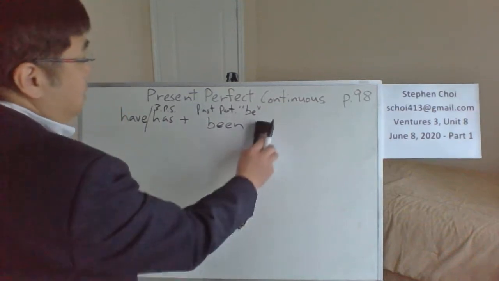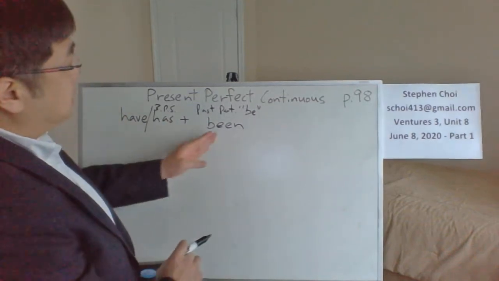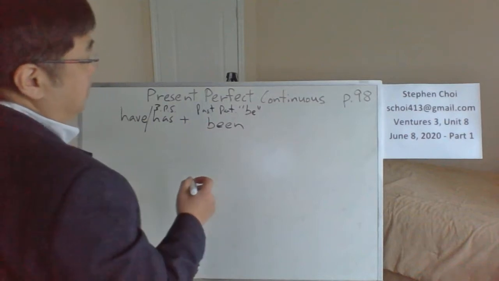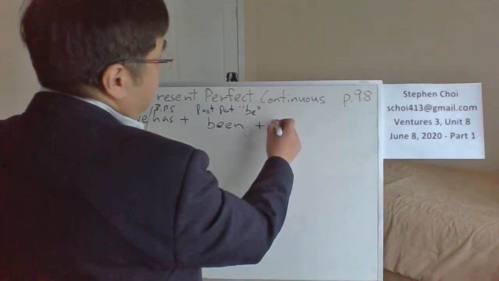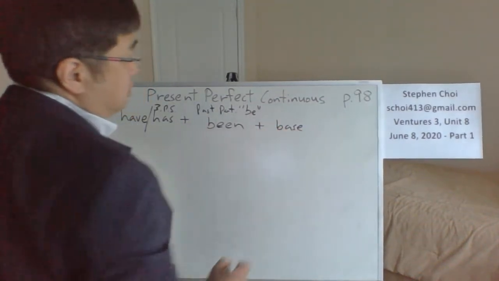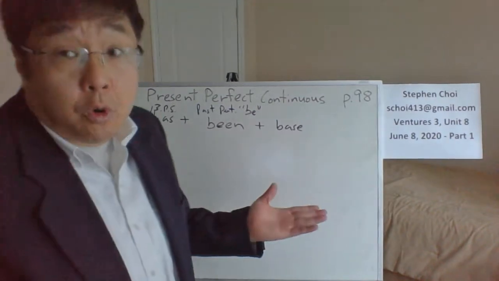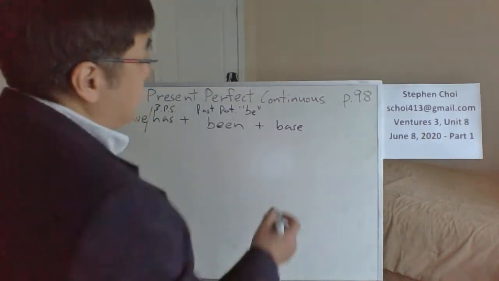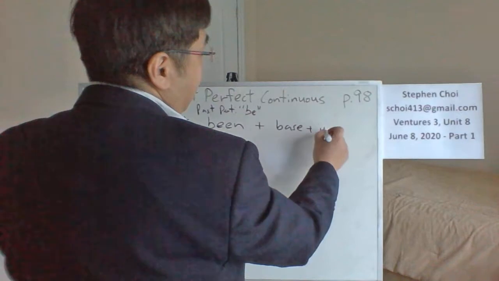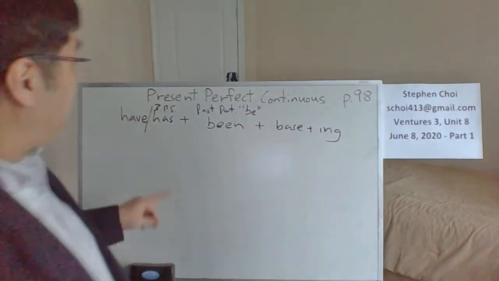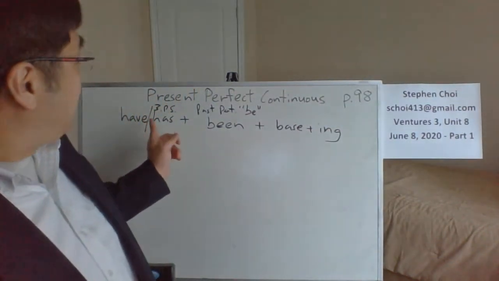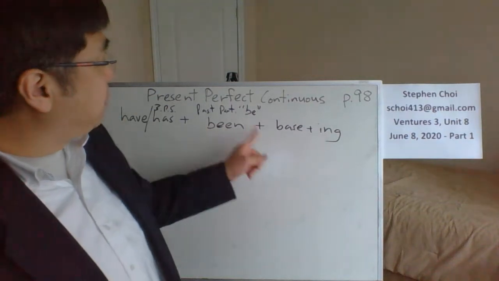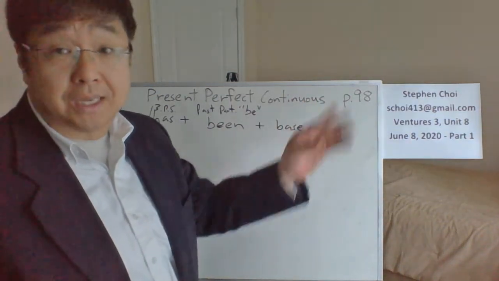Very short. So it's have or has plus been, the past participle of be, plus the base form of a verb, which we talked about, and plus ing. So it's very long: have or has plus been plus base plus ing.